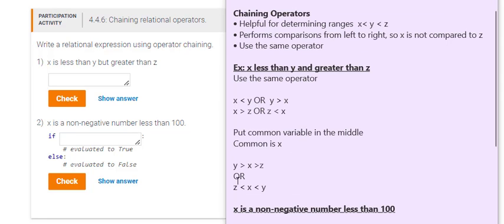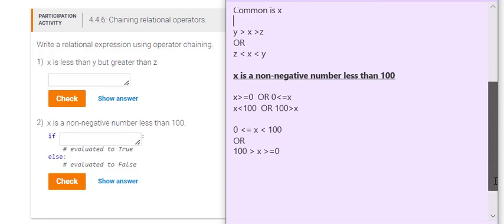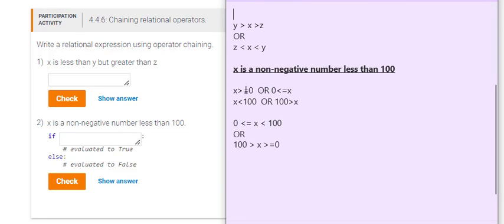Let's look at this second example here. X is a non-negative number less than 100. So if we look at that example, that means that x is greater than or equal to 0 because it's a non-negative number. Or you could reword that with the opposite operator and say 0 is less than or equal to x.